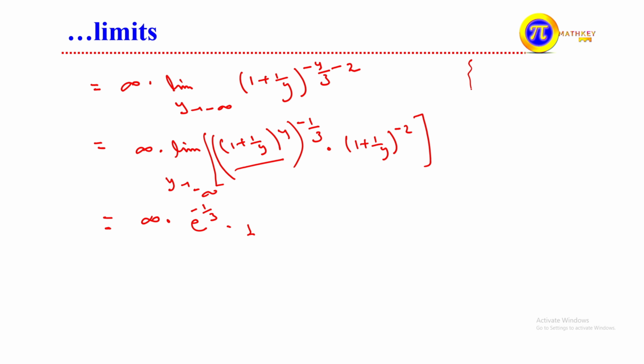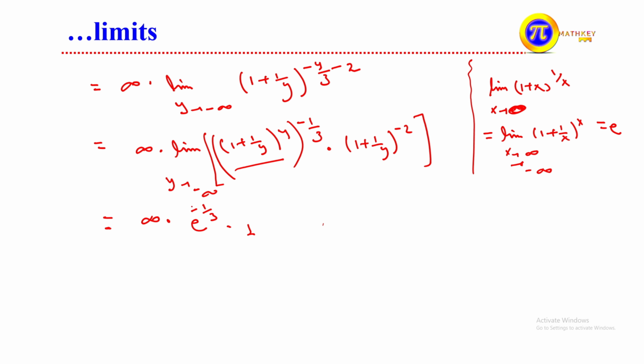Since we are familiar that the limit of (1 plus x) to the power of 1 over x as x approaches 0 is equal to the limit of (1 plus 1 over x) to the power of x as x approaches positive or negative infinity, the result is e.